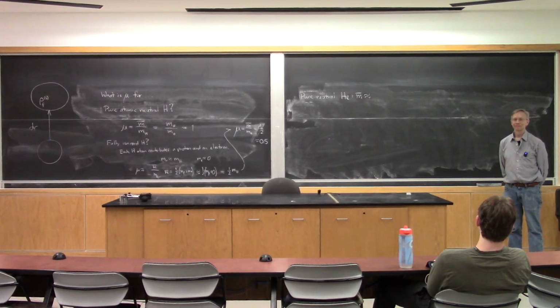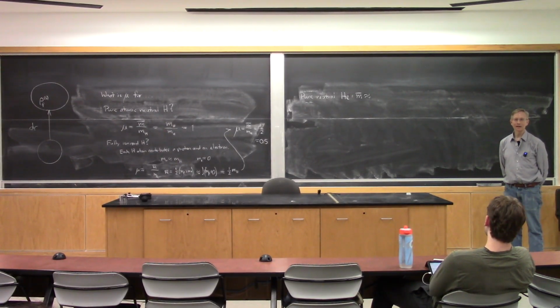Not 2, because it's 2 protons and 2 neutrons. How do neutron masses compare to proton masses? A neutron is actually a little more massive than a proton, but just slightly.